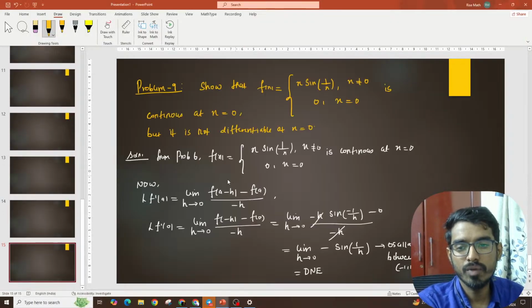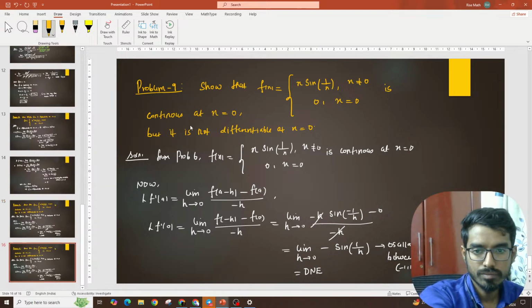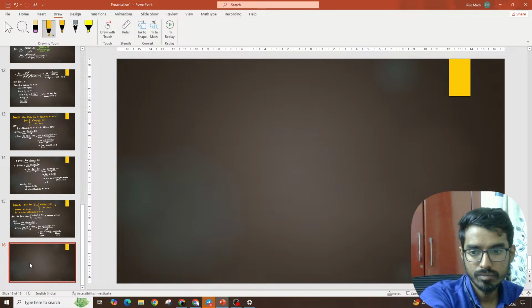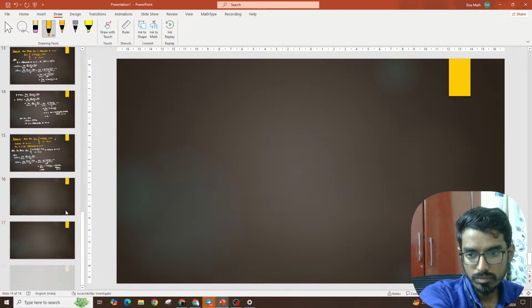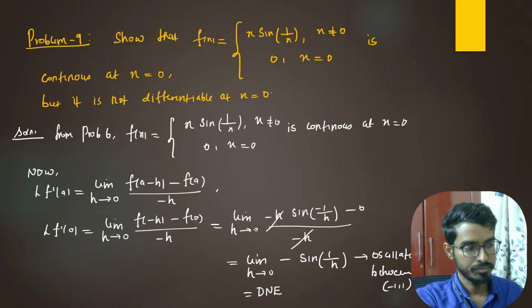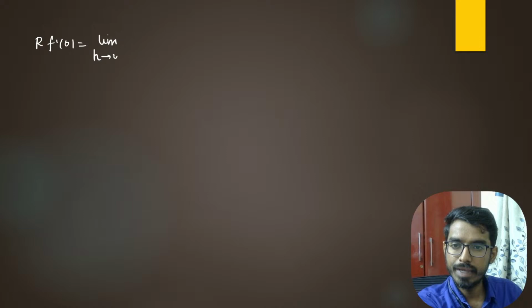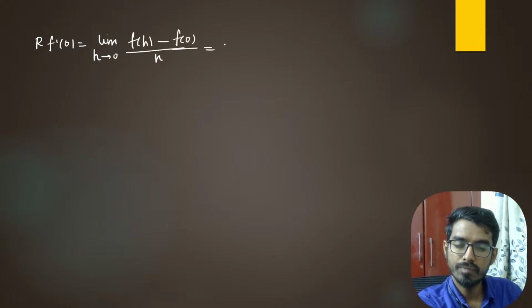But for the sake of it, we'll do R of f dash of 0 also. So what is R of f dash of 0? Limit h tending to 0, f of h minus f of 0 divided by h.